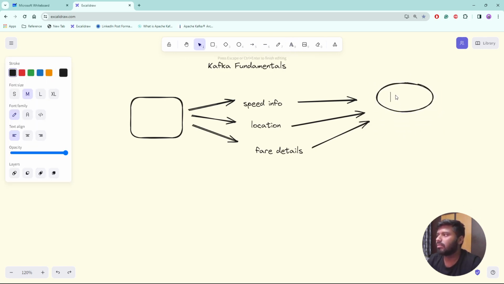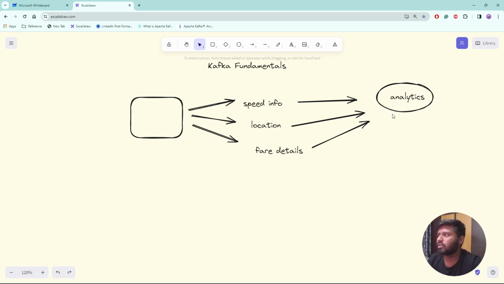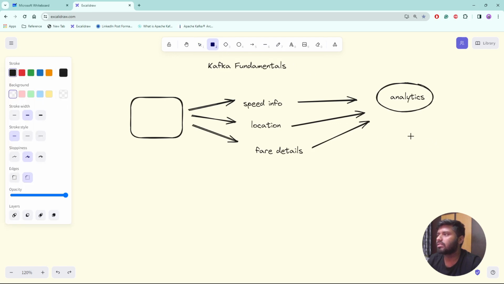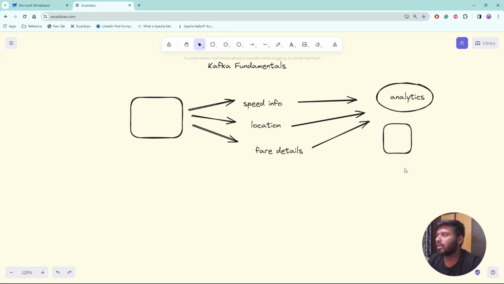So this is maybe my analytics service, or the analytics part, and some other mobile applications, where some consumer is also getting the details on their mobile devices. We also discussed the drawbacks if we try to get the real-time data and store it into the database.